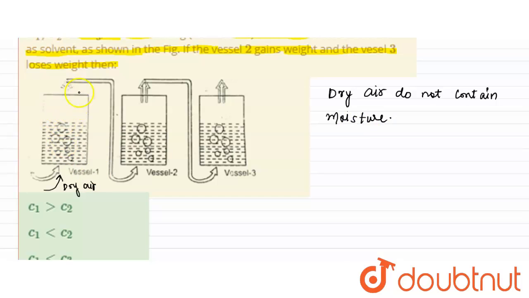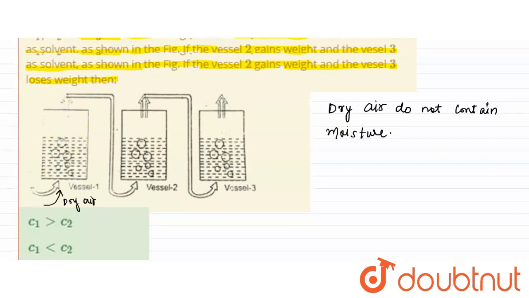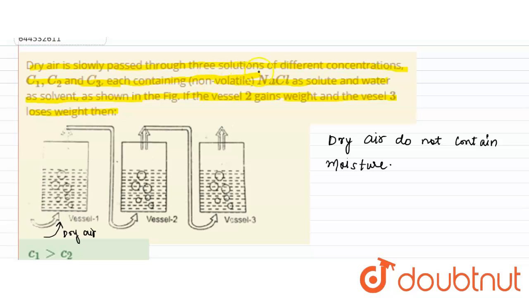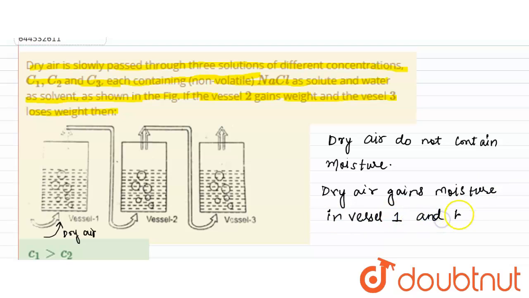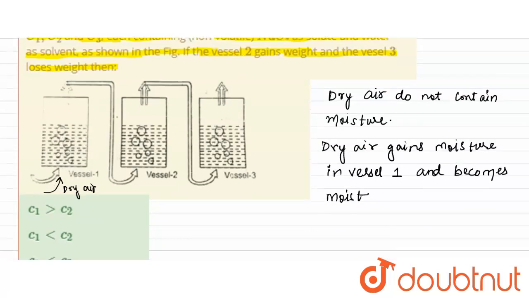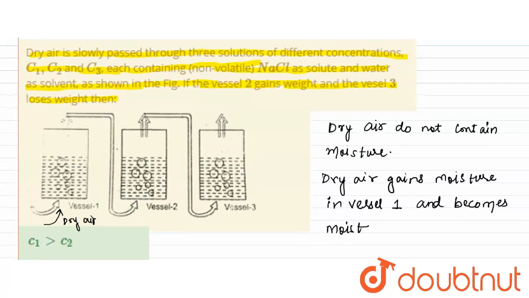So when it is passed into vessel 1, it is only given that dry air is slowly passed through this solution. So dry air gains moisture in vessel 1, and becomes moist.